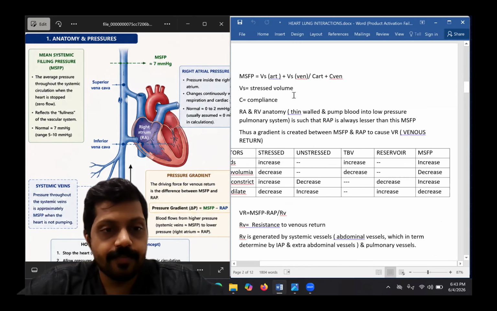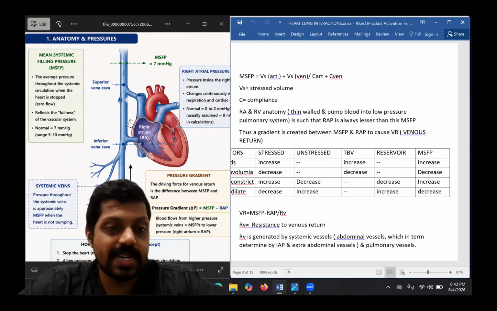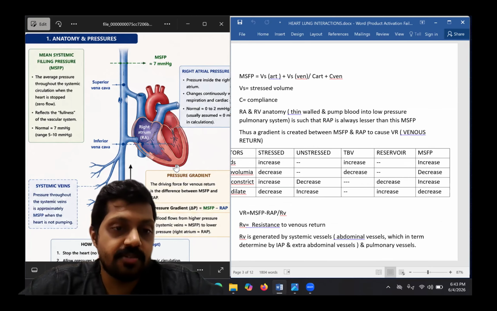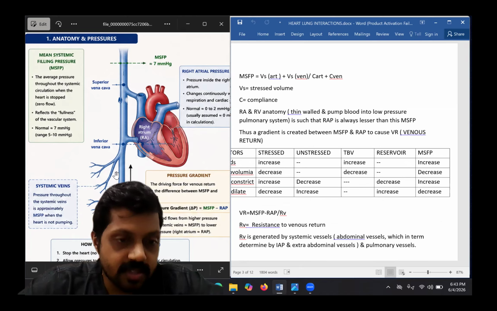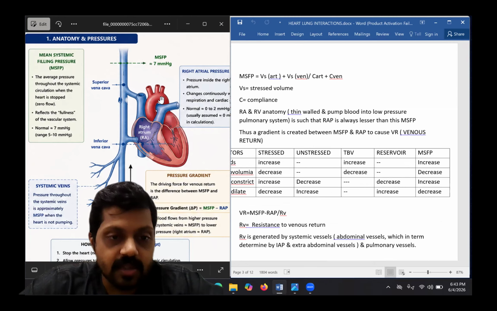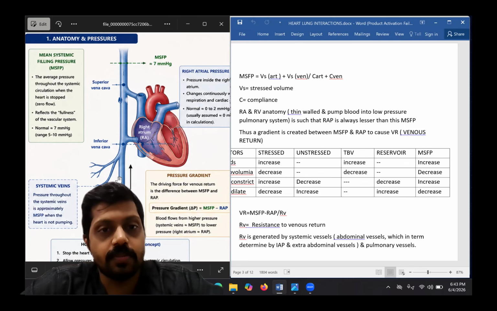Okay. So next, coming to this, your right atrium and right ventricle anatomy and physiology is in such a way that pressure generated inside the RA and RV is always lesser than the pressure generated in the systemic circulation. This is what your systemic veins, your mean systemic filling pressure. The pressure generated in RA and RV is always lesser than the MSFP, mean systemic filling pressure.